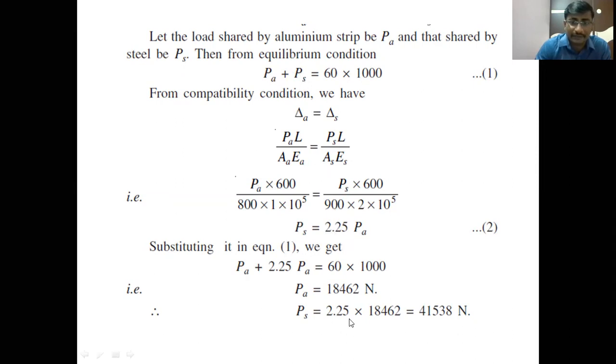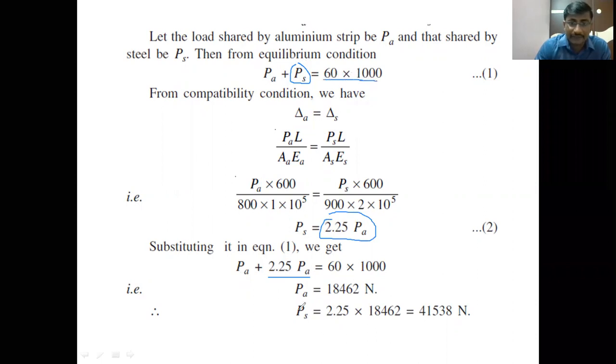So equation 1 becomes PA, which is already there, plus 2.25 PA in place of PS from equation 2, equal to 60 into 1000, the total.